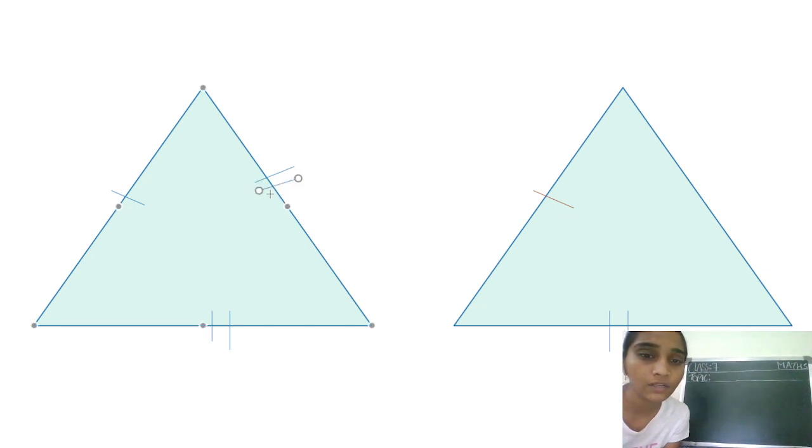So students, now tell me, do you know how we can say that these two triangles are congruent to each other? Okay students, if you know then it is good. If you don't know, that is our topic of discussion today, related to the congruency of triangles based on SSS.